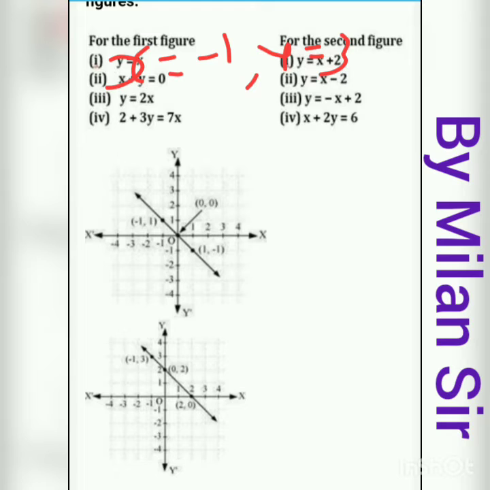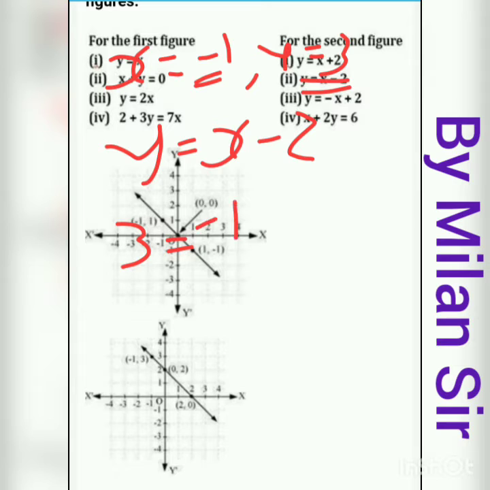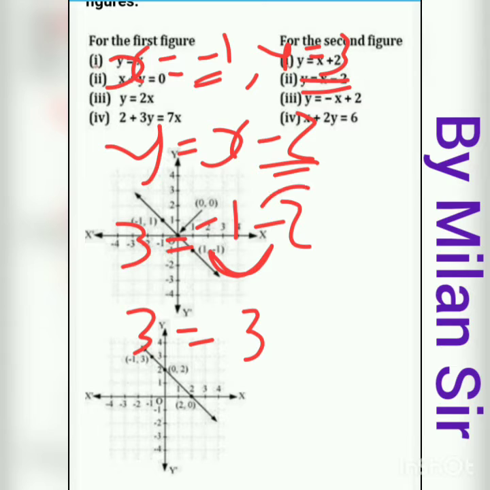Okay, now here we have option number 2, y is equal to x minus 2. Okay, here we have y is equal to 3, right? x is minus 1. Okay, minus 1 and here we have minus 2. So minus 1 minus 2 is minus 3, because the 2 has a negative sign.